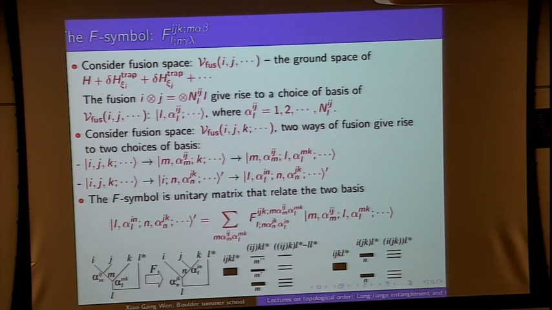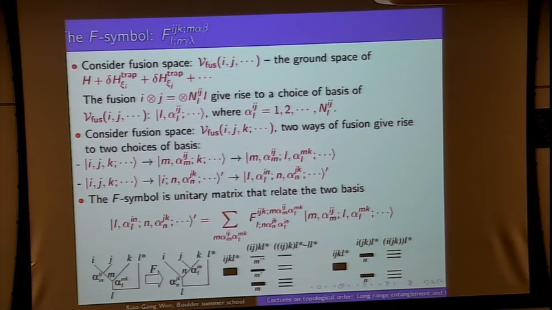And then we can describe how topological excitations can be fused. Different ways of fusion give us different ways of splitting the degenerate subspace, which is called the fusion space. The connection between the bases of these different splittings is the so-called F symbol.